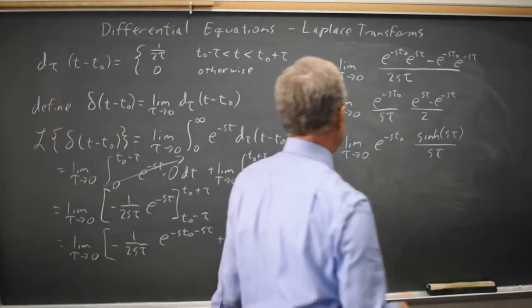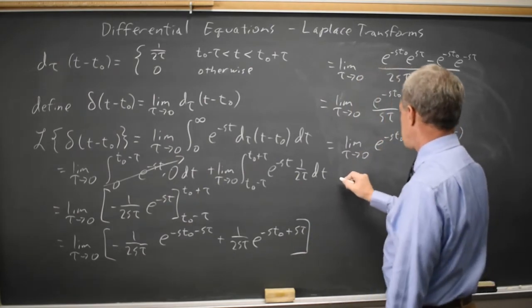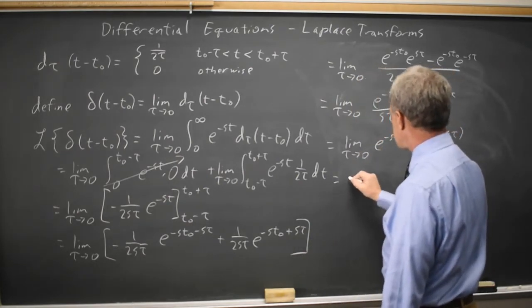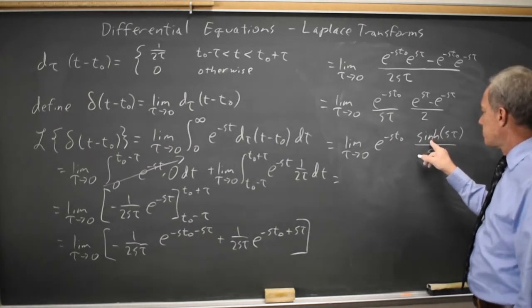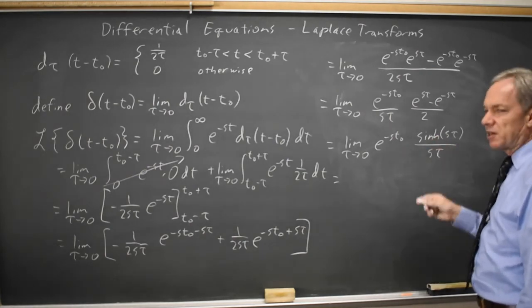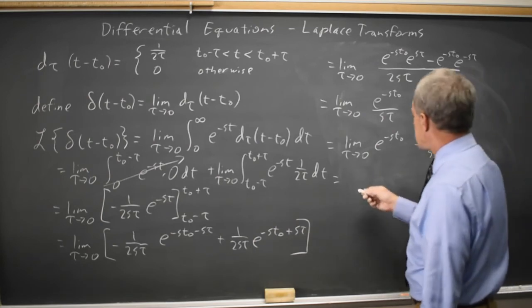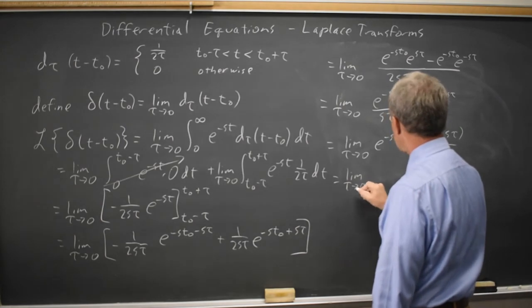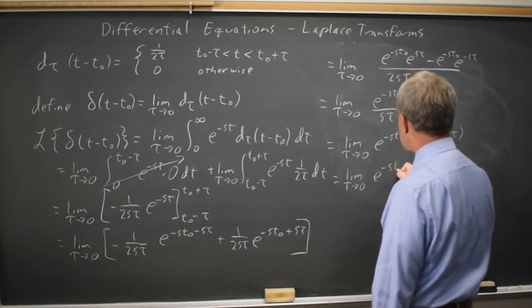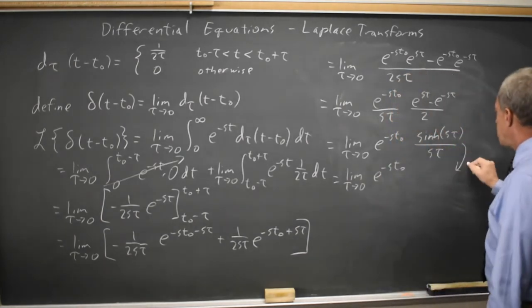Hyperbolic sine goes to 0 as the expression you're taking the sine of goes to 0, and your denominator also goes to 0, so I can take the derivatives of both.